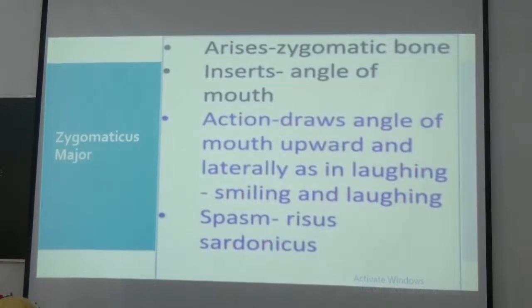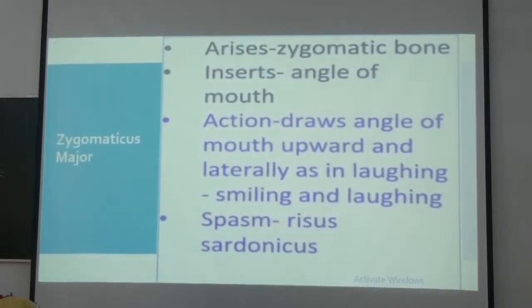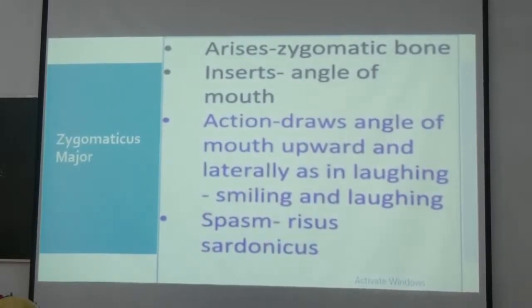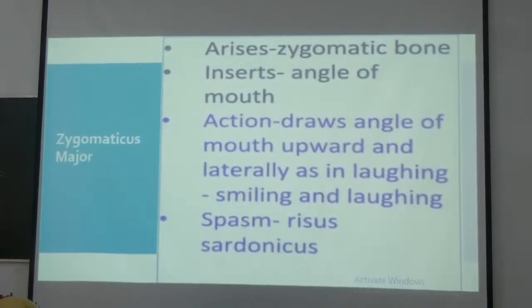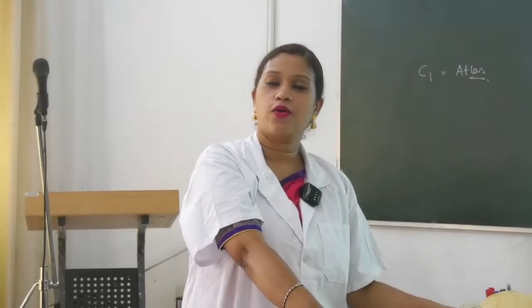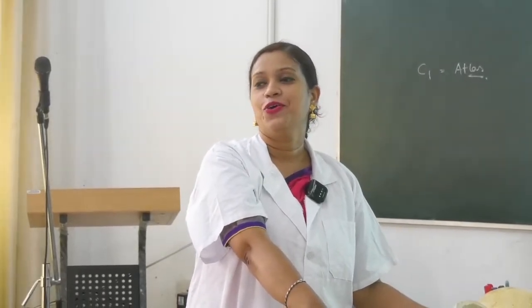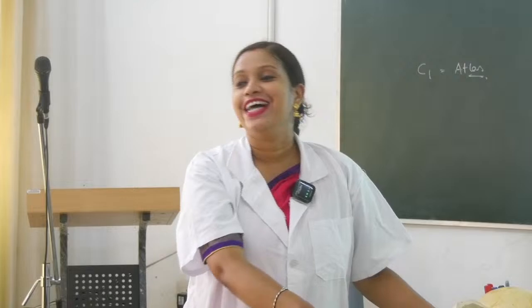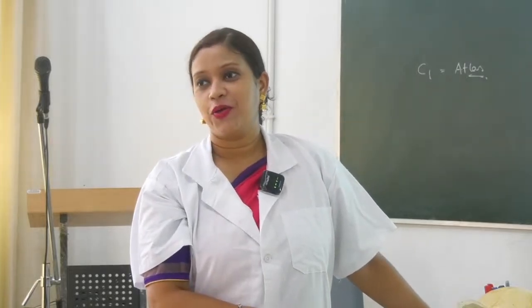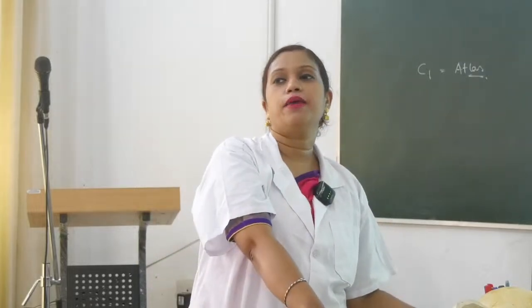Zygomaticus major and minor, both these muscles are concerned with smiling, or laughing actually. The muscle for grinning is the risorius. Write it down: the muscle of grinning, that is the risorius. Grinning.